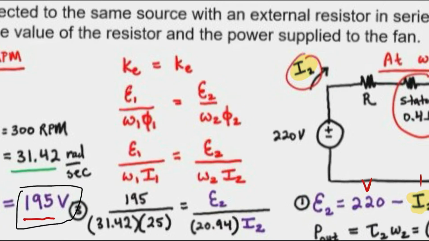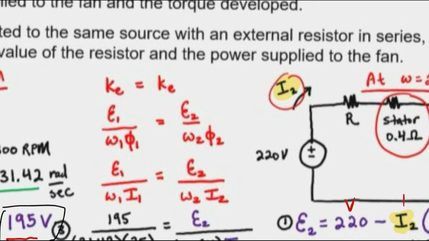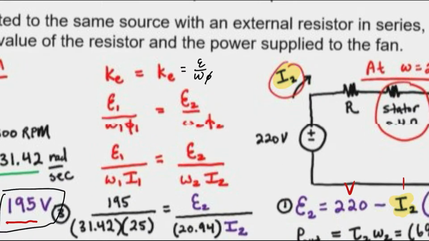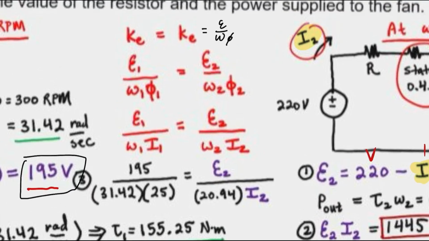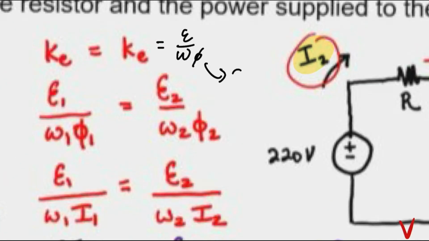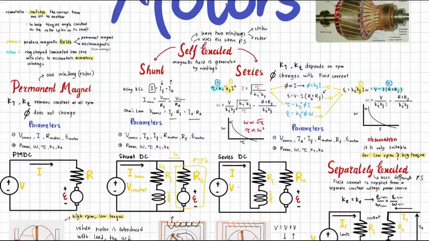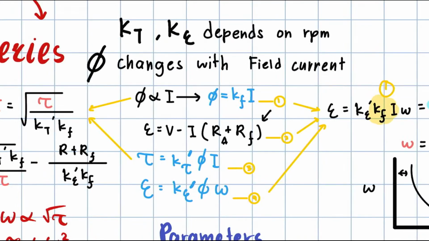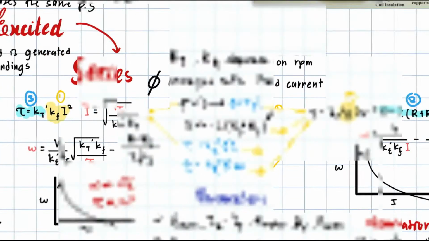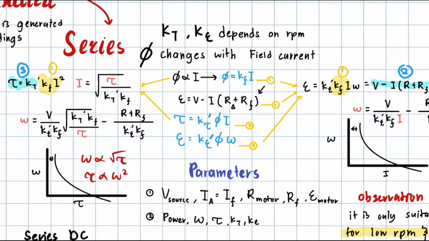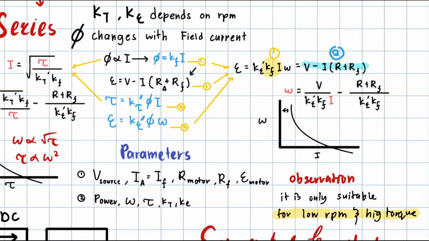We assume that KE equals E over omega, but because it is a series, we put Weber. The Weber is also complicated, electrical is directly proportional to I. Look above. For series, the phi changes with field current, with I. So this is the full equation, full derivation.